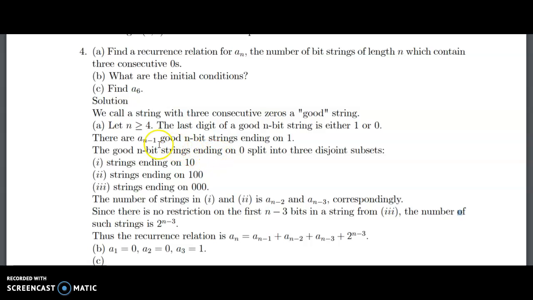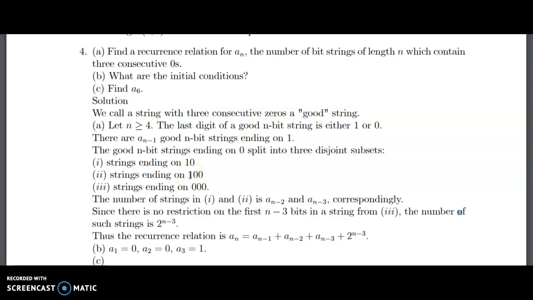Then the n-bit strings ending with 0 split into 3 disjoint subsets. If the next to the last digit is 1, we get the first subset. In subsets 2 and 3, the next to the last digit is 0, but they differ in the third last digit.